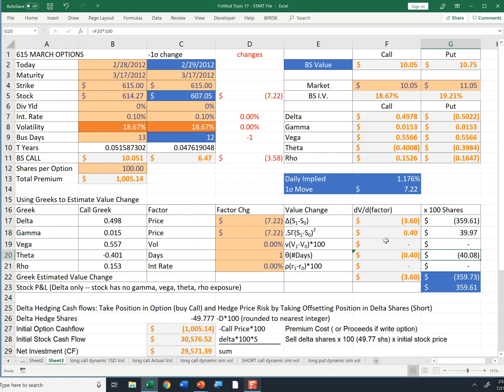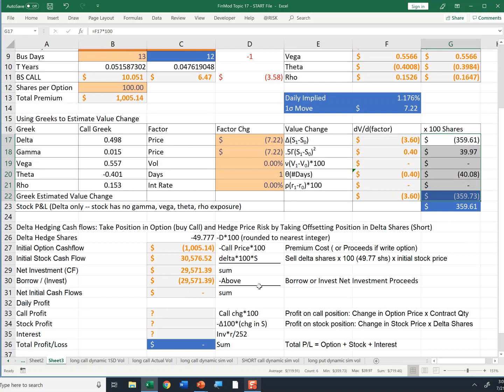However, it's 1 day older. I lose 40 cents per option share times 100. I lose $40 because the option's 1 day older, or time decay. So if I did no hedging, I'm going to lose about $359 or $358 if I did not delta hedge this option, waiting for this implied vol to go up.